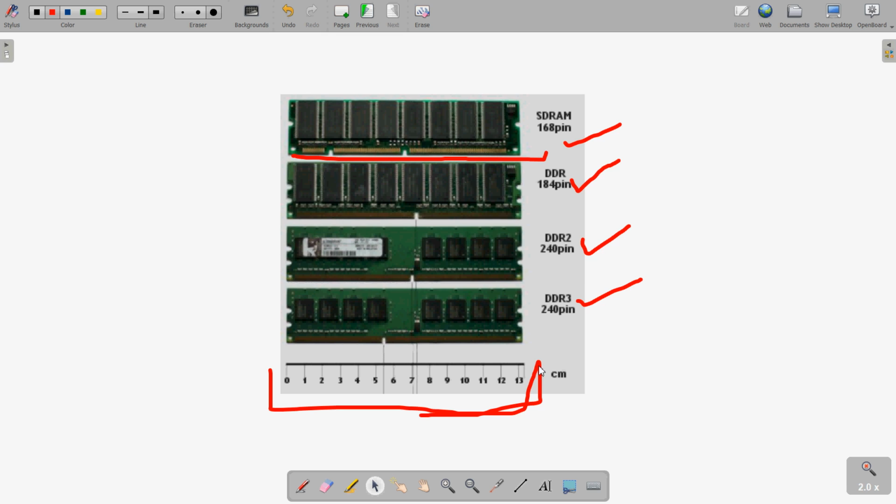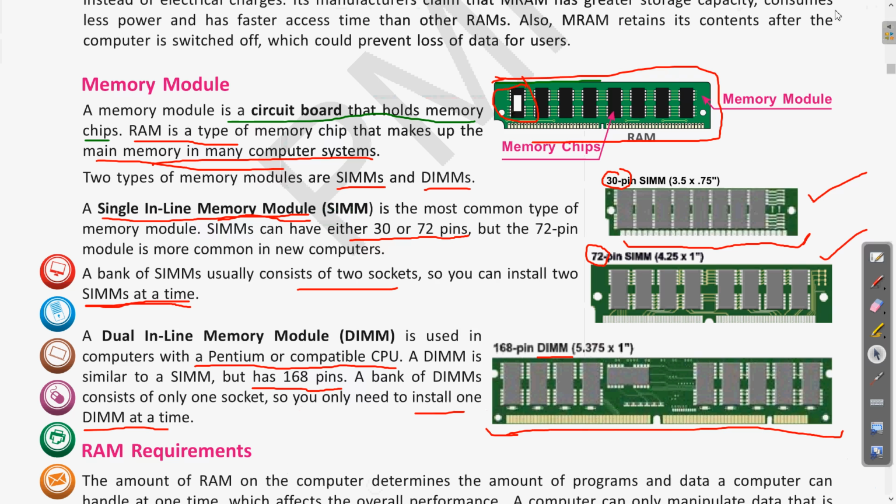Clear? And the number of pins, as you can also see here, for example SDRAM 168, 184. Actually there are multiple variations of these, only a few of which we are discussing. There are even more than them. Clear? So no need to know all of these, the important ones we have covered.